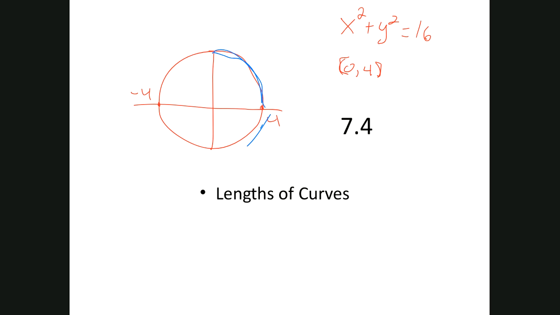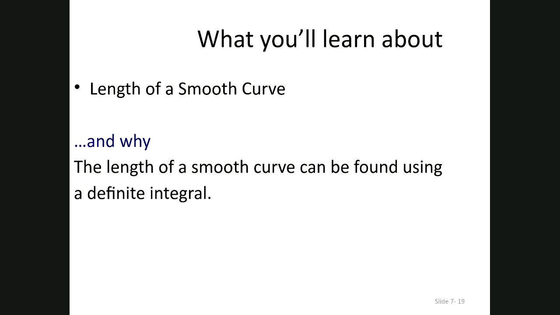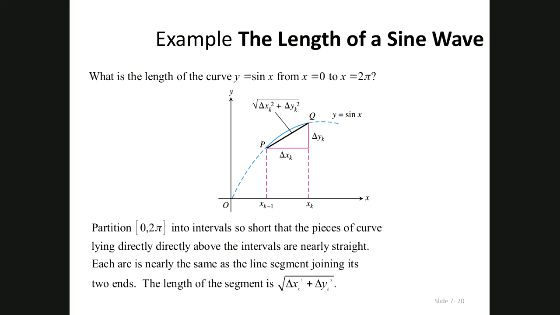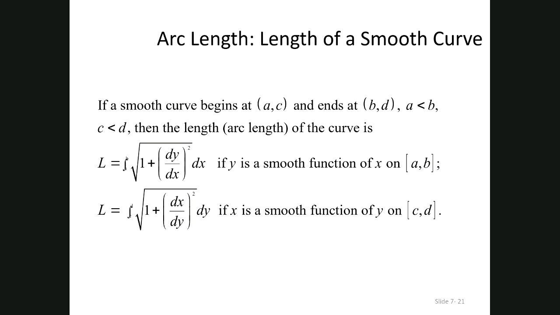Okay, now, this is geometry. We're dealing with calculus. So in order to find the length of a curve in calculus, we have to do something a little bit tougher. The formula's not too bad. So here is the formula of a smooth curve.